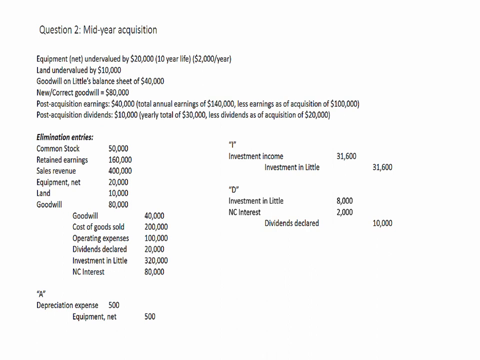We'll split that $10,000 in the usual fashion, 80-20 between the parent's investment and the non-controlling interest. And then finally we do the income of the non-controlling interest in the usual fashion. They're going to get their share, 20%, of the post-acquisition earnings of $40,000 minus the additional depreciation expense of $500.